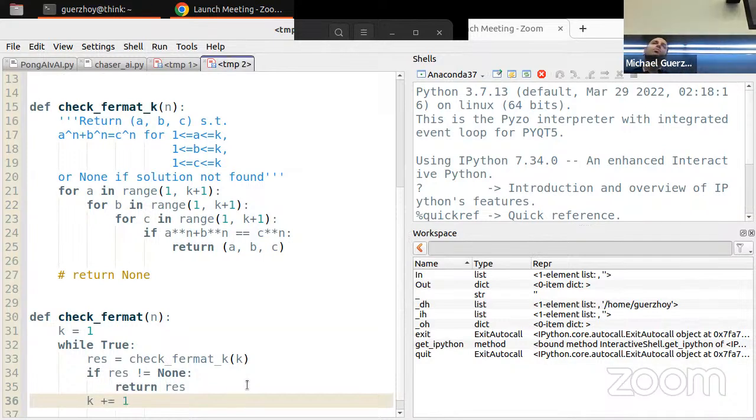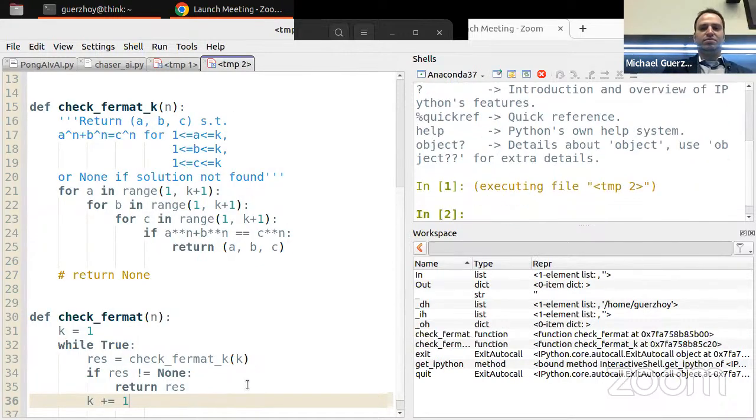Keep going. Right. So what I'm going to do is check for my K, which I think is straightforward. I'm going to check for K equals 1, and then K equals 2, and then K equals 3, and so on until infinity if need be.